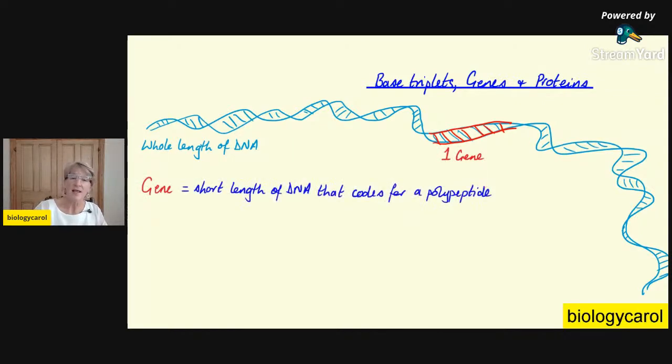And a gene, therefore, is a short section of DNA that codes for a particular polypeptide. Now, I've said polypeptide because a protein can be made up of more than one polypeptide, which you'll know from your quaternary structure of proteins.